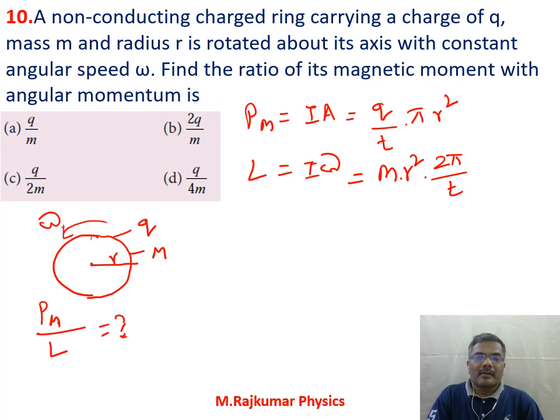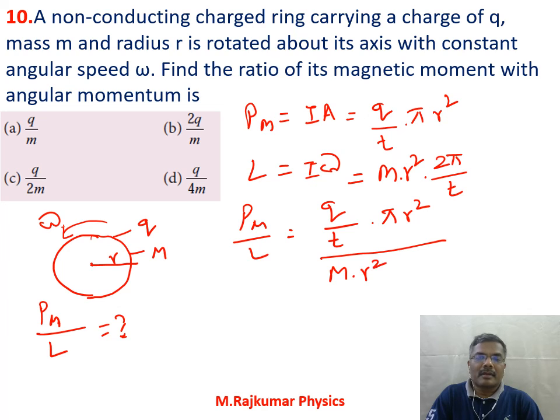So now you find this ratio. Pm by L will give you q by t into pi r square, divided by mass into r square, that is the moment of inertia, divided by 2 pi by t. If I simplify this, this pi and this pi get cancelled, the r square gets cancelled, and the t and t get cancelled.